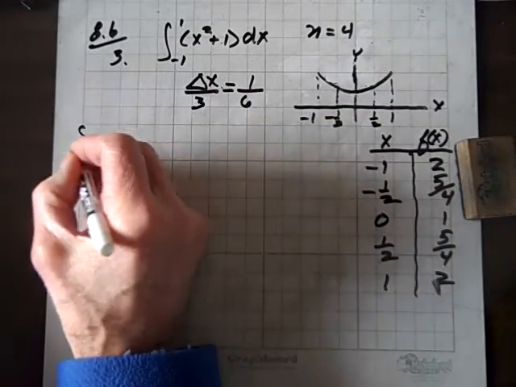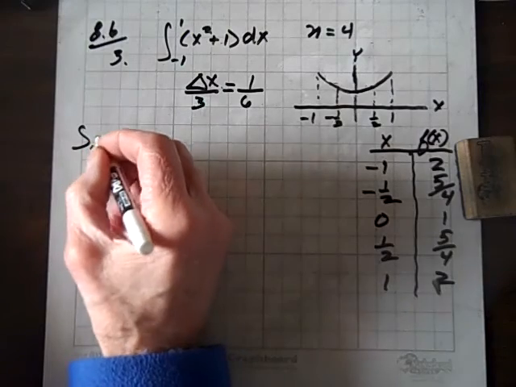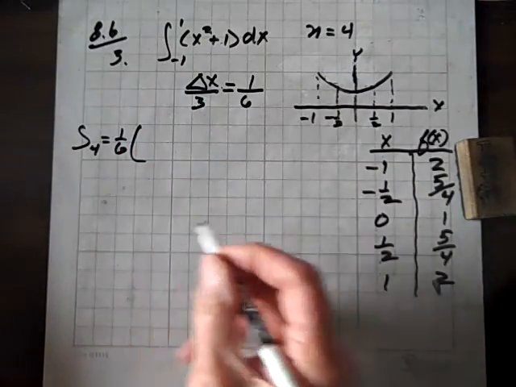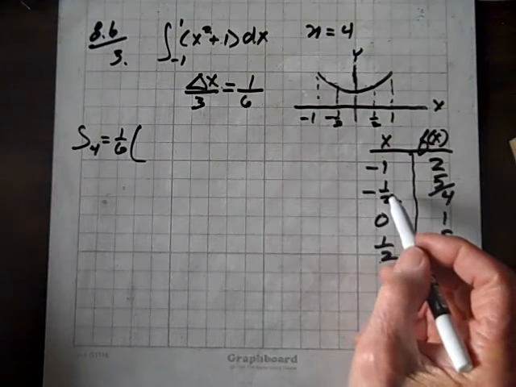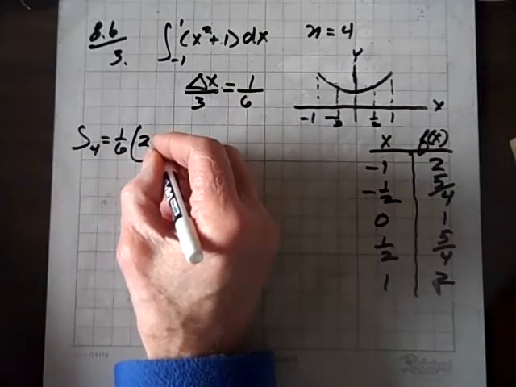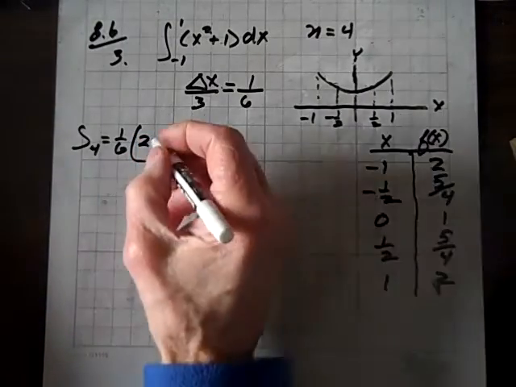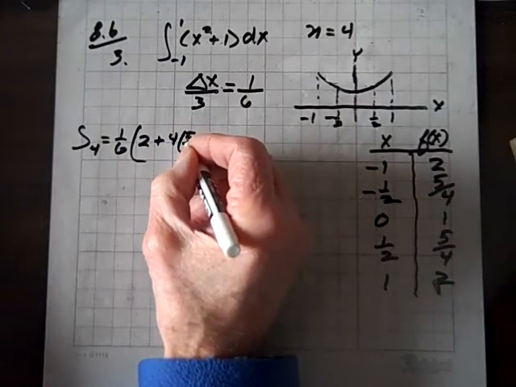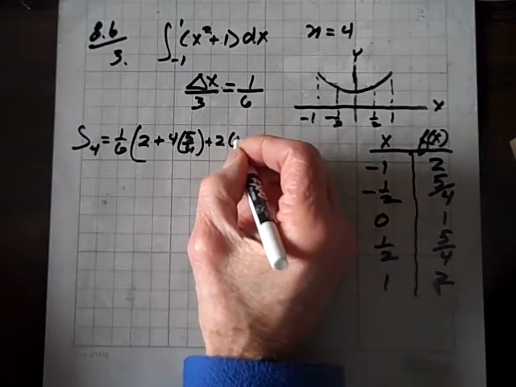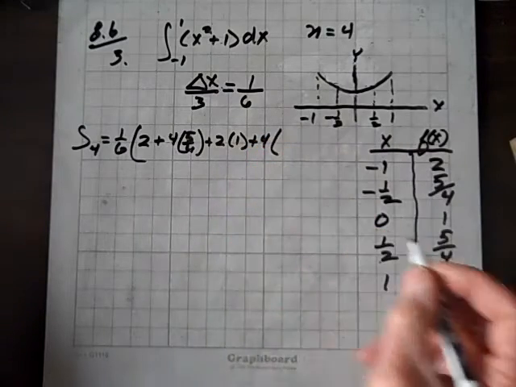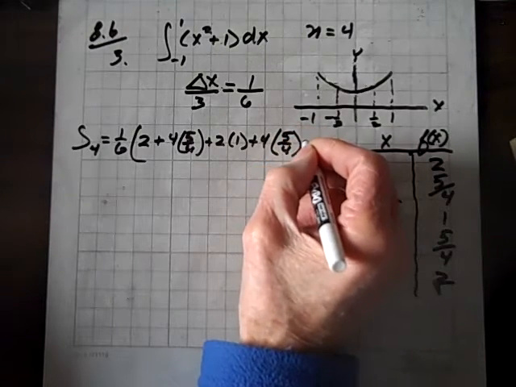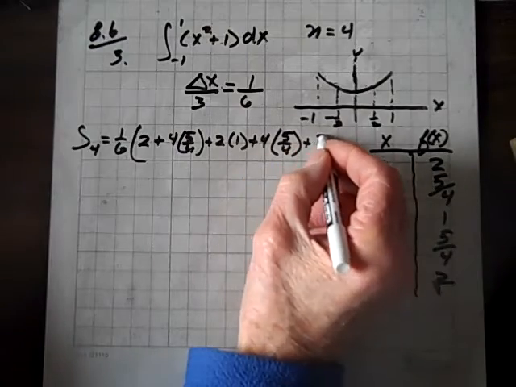So now, for S, Simpson's for 4 subintervals is going to equal 1/6 times, and here are our y values, and the first y value is 2, then plus 4 times the second y value, so that's 4 times 5/4, plus 2 times the third y value, which is 1, plus 4 times the fourth y value, which is 5/4, plus the fifth y value, which is 2.